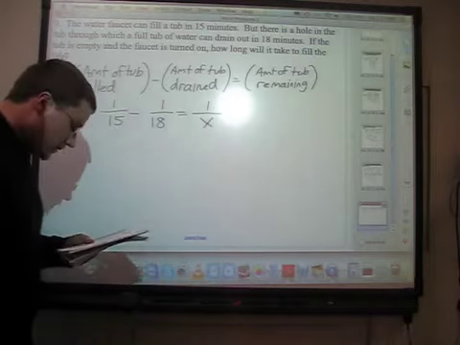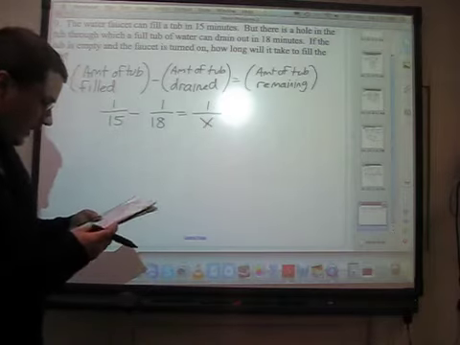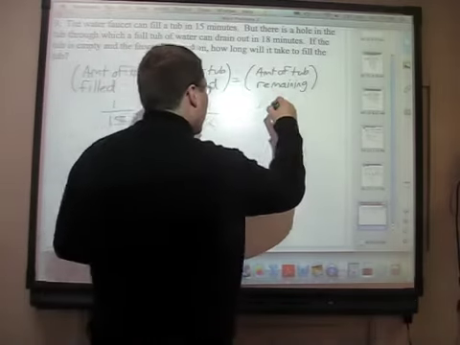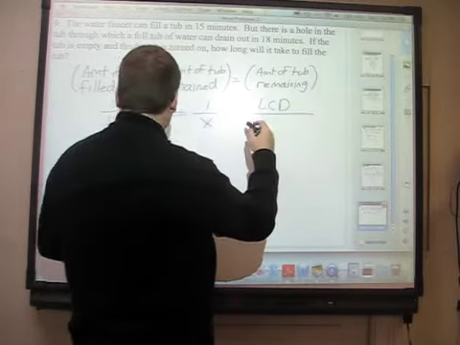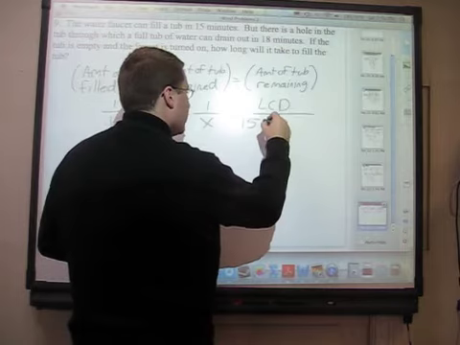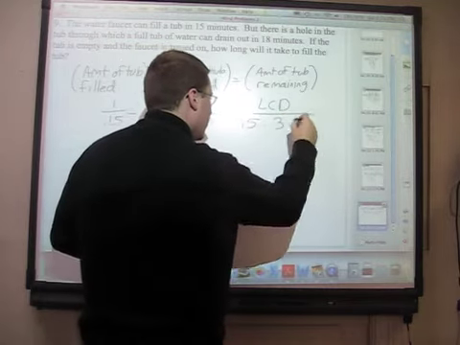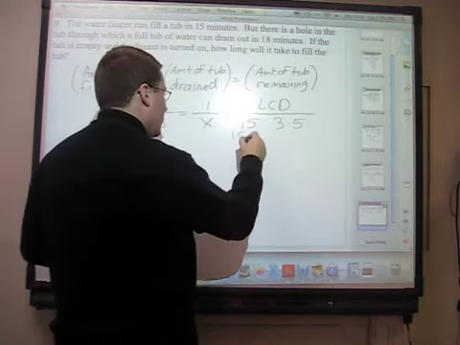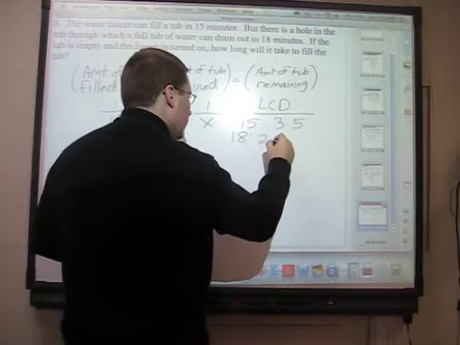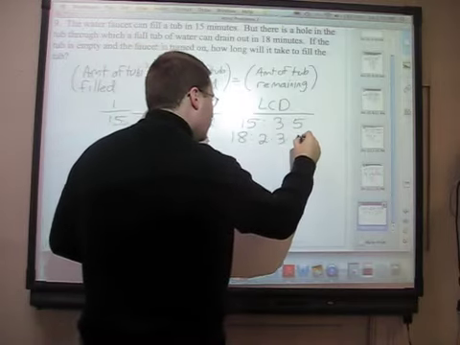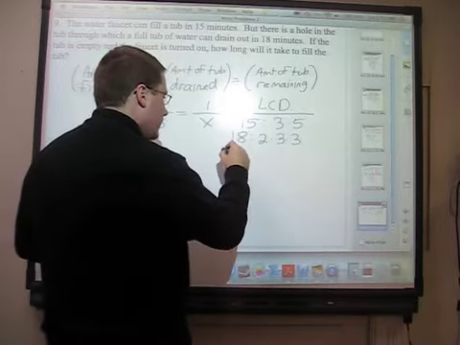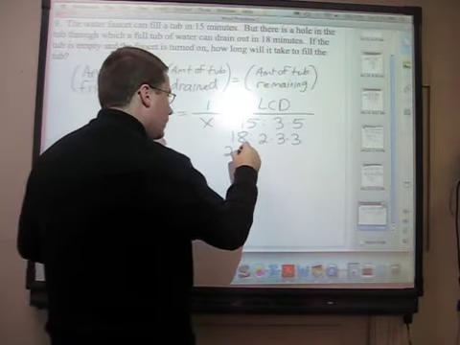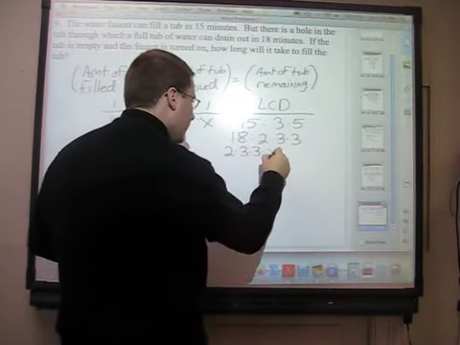So just like last problem, we're going to find the LCD, and we do that by doing prime factorizations again. The prime factorization of 15 is 3 and 5. The prime factorization of 18 is 2 times 3 times 3. So our LCD had better have 2 times 3 times 3 times 5.